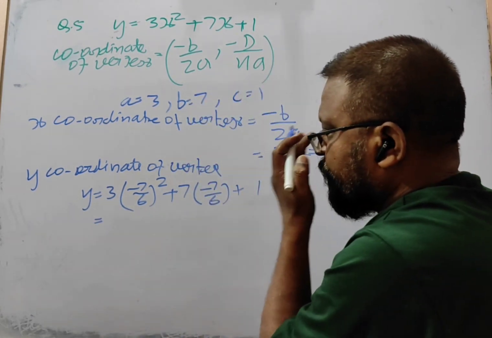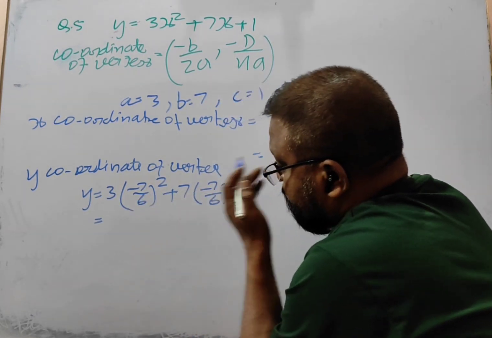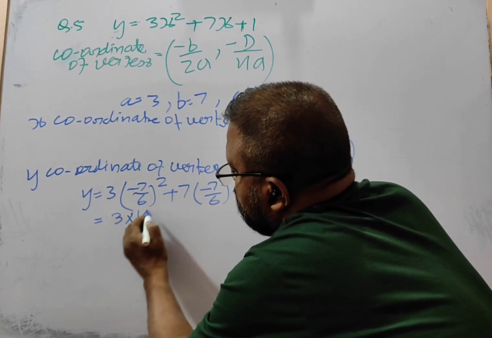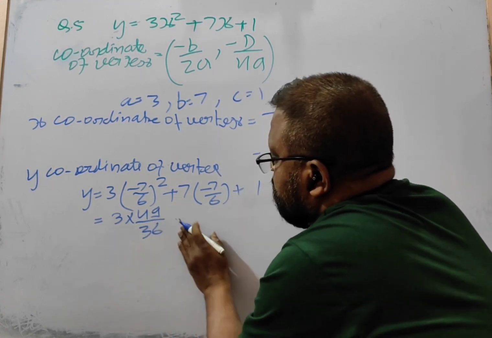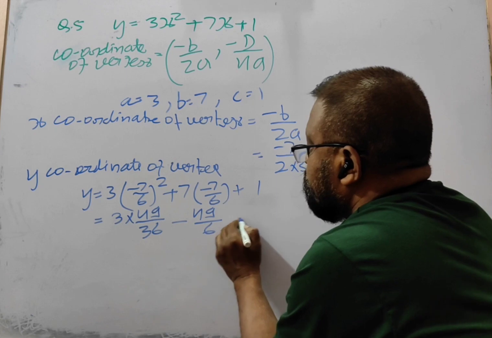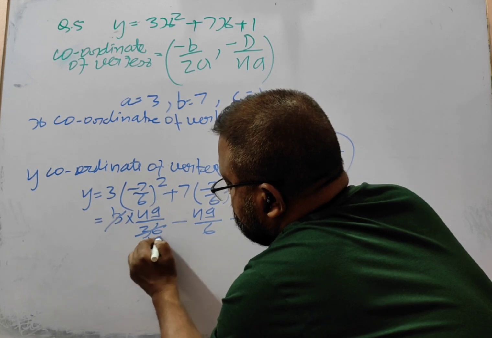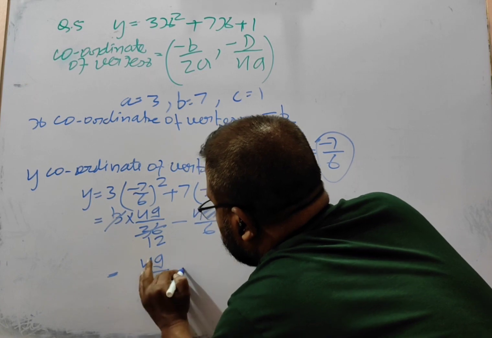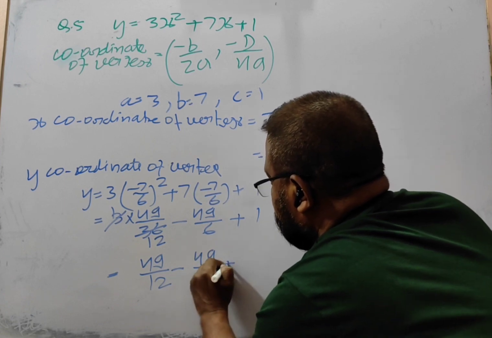So minus 7 squared is 49. So 3 into 49 upon 36, minus 49 upon 6 plus 1. Three ones are three, three twos are six. So we get 49 by 12 minus 49 by 6 plus 1, right?